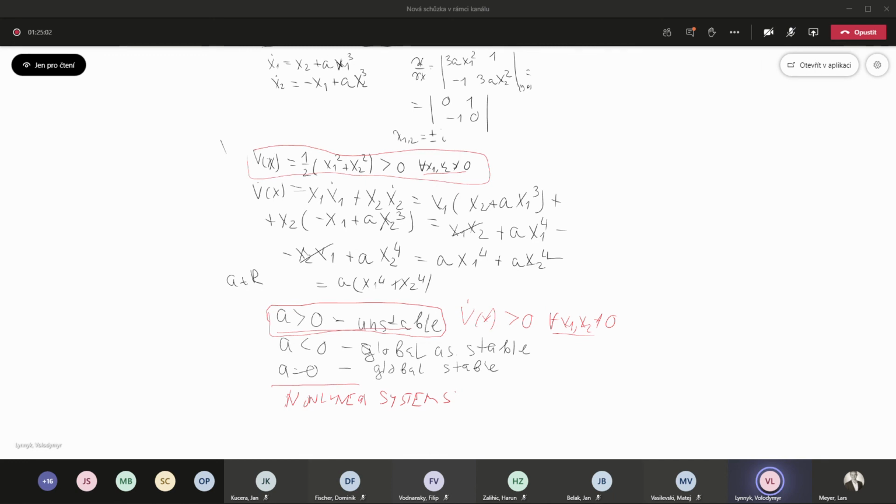For example, x1 dot equal to x2, and x2... I have some trouble with the internet, I think, so I think we can finish.